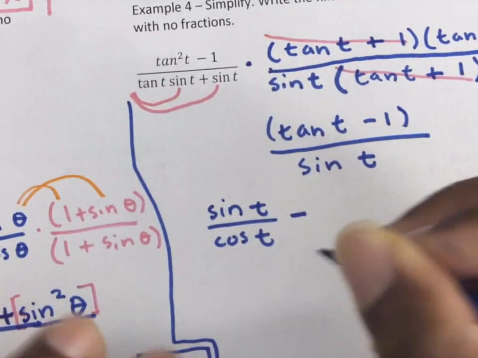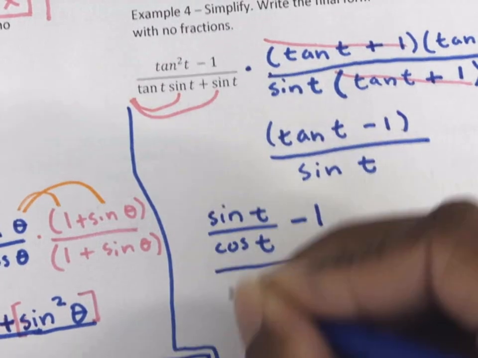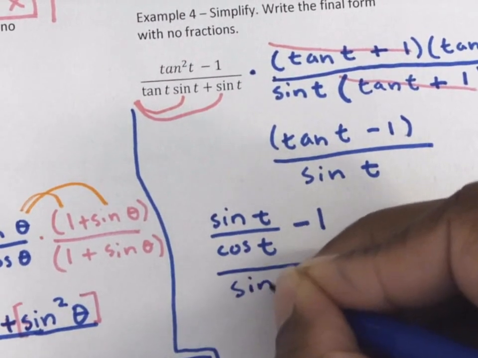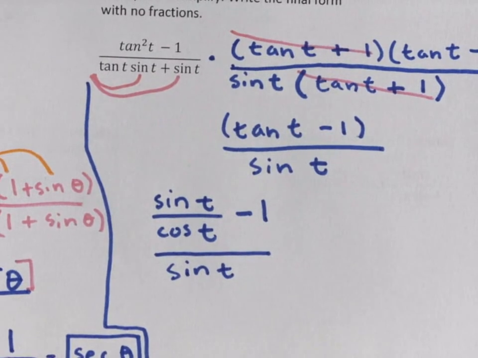So sine t divided by cosine t minus 1, all divided by sine of t. Now, if you were comfortable with your math, you might be able to simplify at this point, but I'm going to keep, change, and flip, so to speak. Would we cancel out the sine?